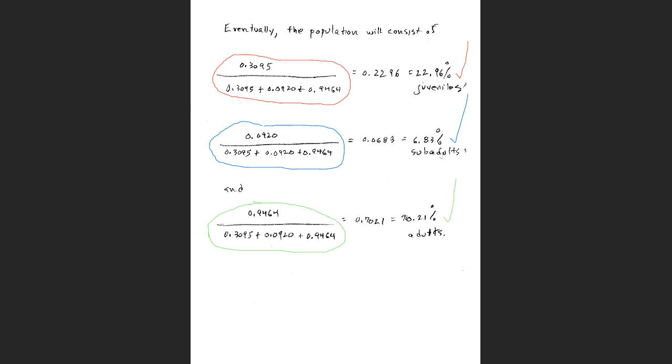The 0.3095, the 0.0920, and the 0.9464 are just multiples of the values 10.0904, 3, and 30.8532 that we had. I think you know what I mean. I'm really trying to spell things out for you here.